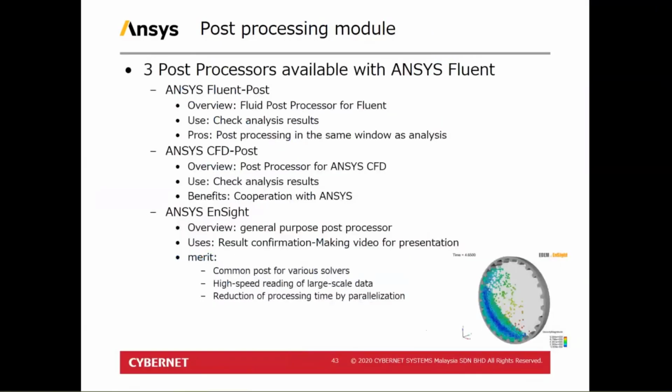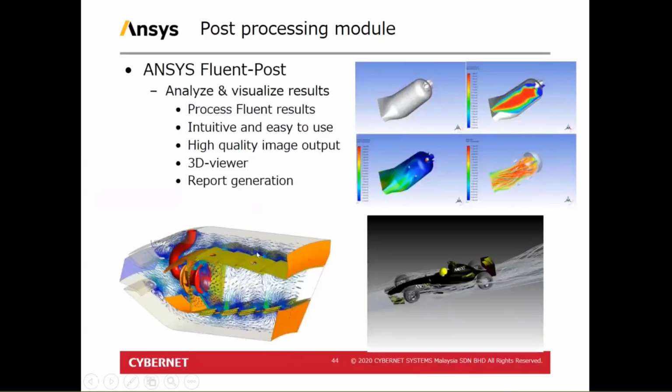Okay, this is about the post-processing tools. Same as the meshing tools, there are also several choices of post-processing tools. There are three post-processing tools: Ansys Fluent Post, Ansys CFD-Post, and Ansys EnSight.